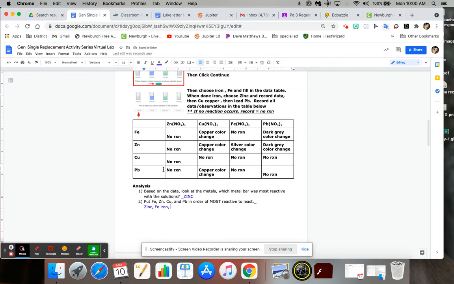Lead did have 1 reaction, so Pb for lead. And copper was our least reactive. It had no reactions. Again, we're looking at the metal bar, not the liquids. Okay, copper. So zinc was the most reactive and copper was very unreactive.